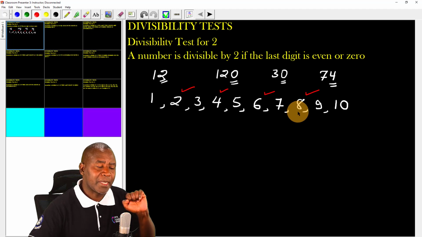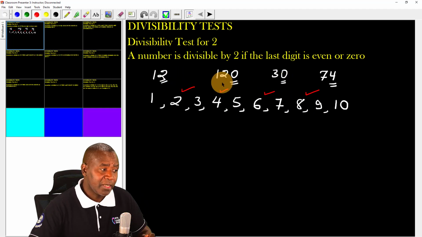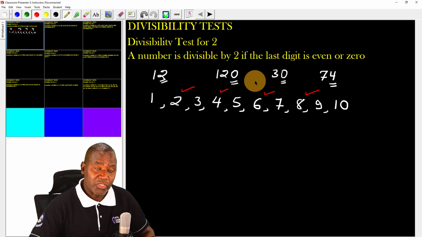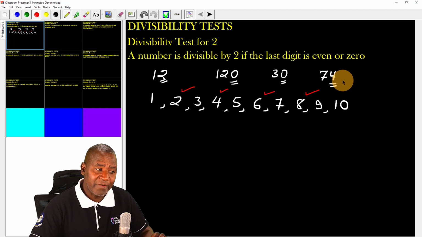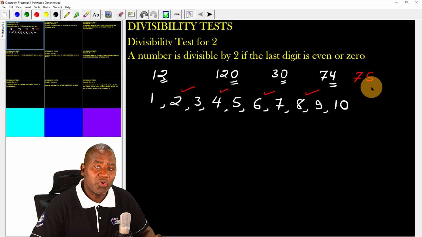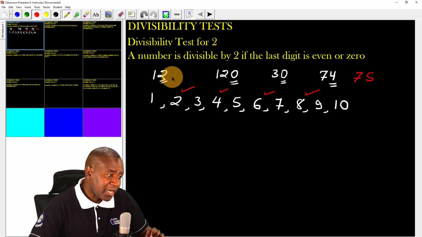An even number will have one of these numbers as the last digit. So 12 is an even number, 120 is an even number, 30 is an even number, 74 is an even number, but 75 is not an even number. How do I identify even numbers? I identify even numbers by looking at the last digit of that number.